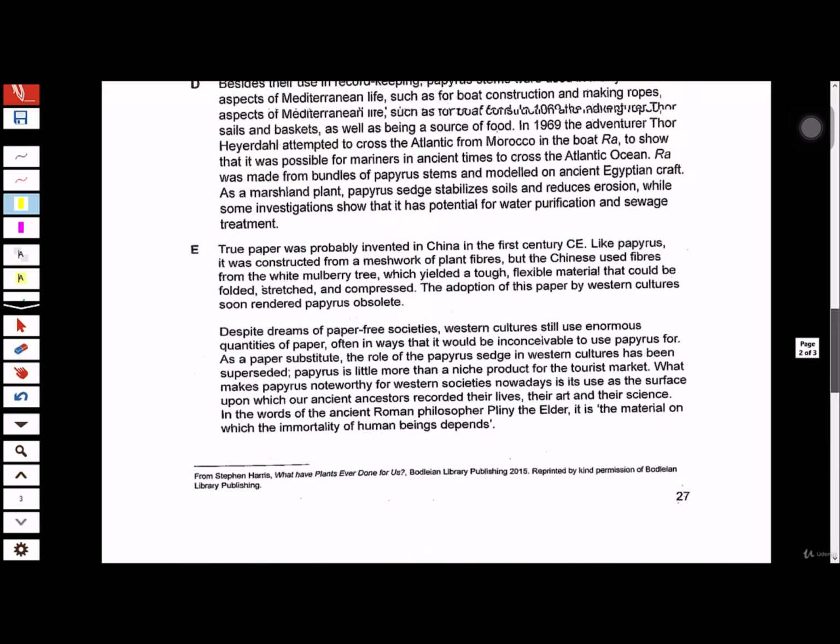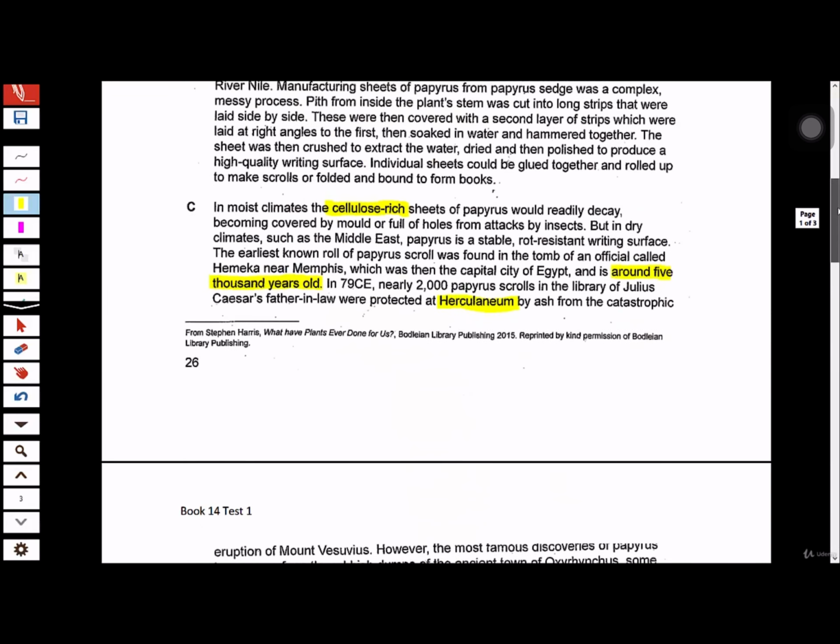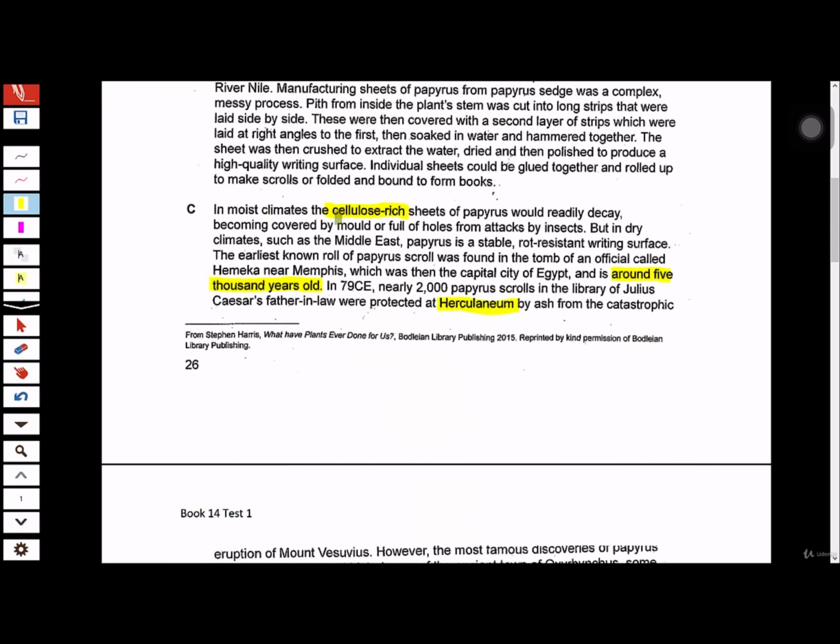So let's go back and look. In moist climates, the cellulose-rich sheets of papyrus would readily decay, becoming covered by mold. Mold is a synonym for what, everybody? Fungal growth, or full of holes from attacks by insects. Full of holes from attacks by, that language is a synonym for consumed by.